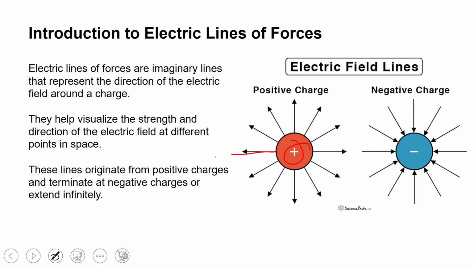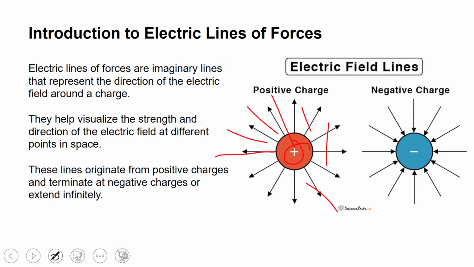Look at them here. All these are electrical lines of forces. So they originate from the positive charge, and also if you look at them, they terminate at negative charges.